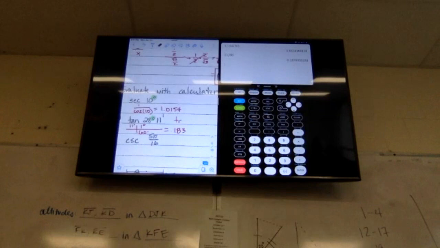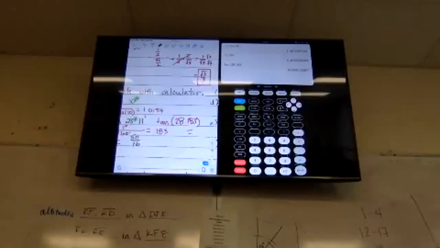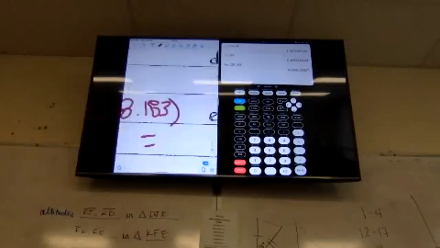So I'm going to physically type in my calculator, tangent 28.183. And I don't have to do 1 over anything. I can just do straight up tangent. And that gives me 0.5358.